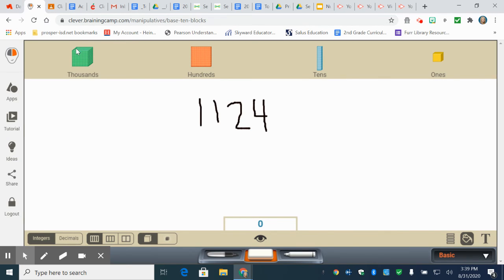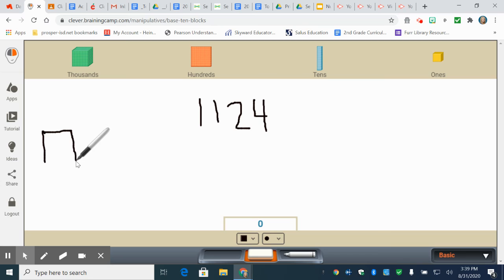All right, so let's see if you drew it like this. Did you draw 1,000 cube? So remember, to draw a cube, you draw a square. You draw another square in the middle of it. And then you just connect the squares. That makes your cube for 1,000.